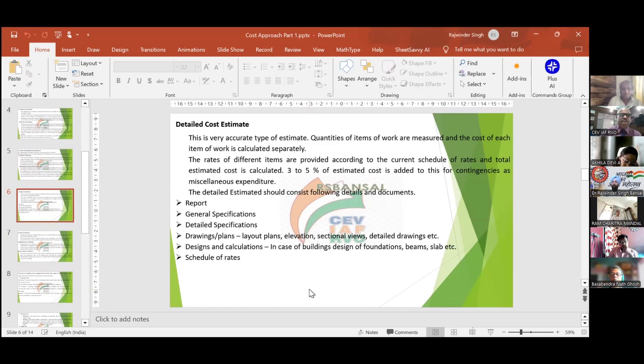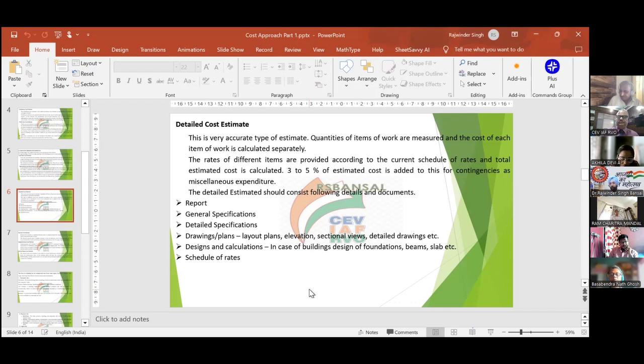There are two methods, the long wall, short wall method and the center line method, for calculating the quantity of materials, and from the schedule of rates given by the respective PWD, you can calculate the cost of construction.